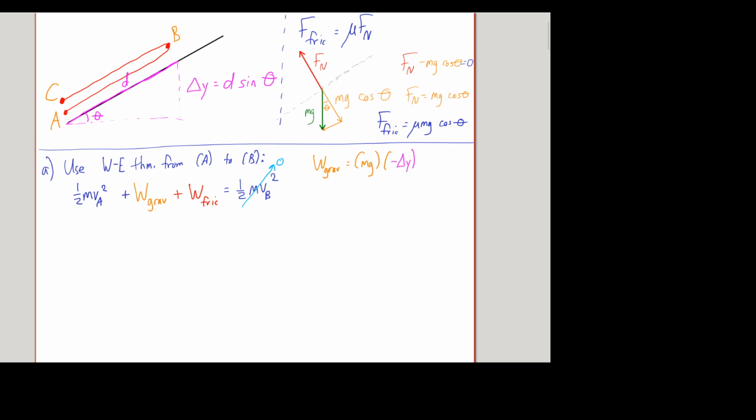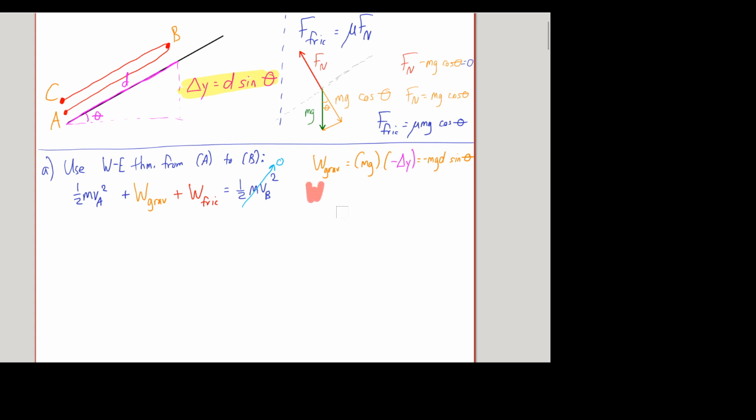So putting that in, the whole thing is minus mg d sine theta, because I figured out earlier that delta y was d sine theta.